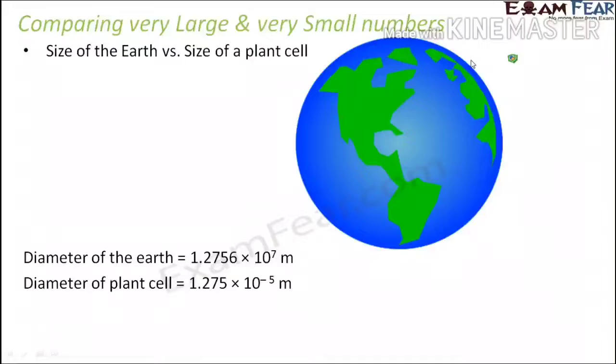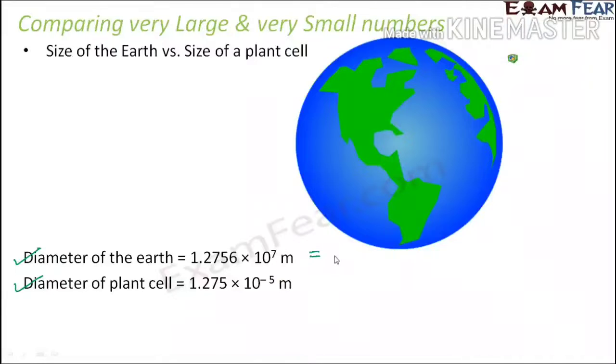Now, in this fashion, we can even compare very large numbers with very small numbers. For example, if you try to compare the size of the earth with the size of a plant cell, how would you compare that? We know that the diameter of the earth is 1.2756 into 10 to the power 7 meters, whereas the diameter of a plant cell is of the order of 1.275 into 10 to the power minus 5 meters.